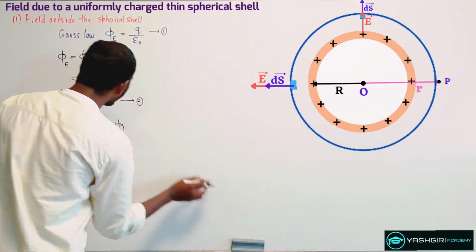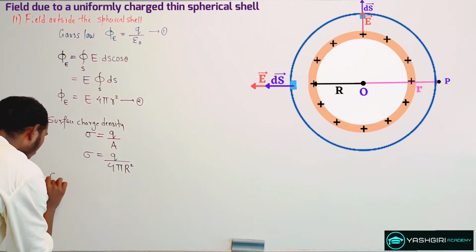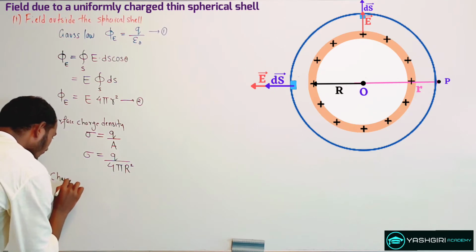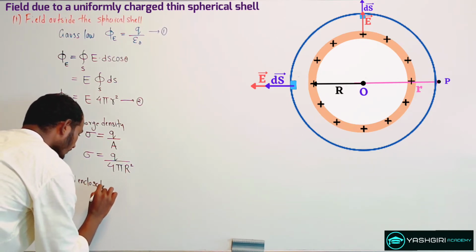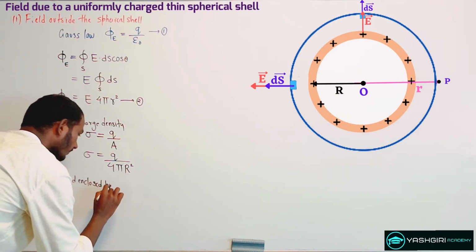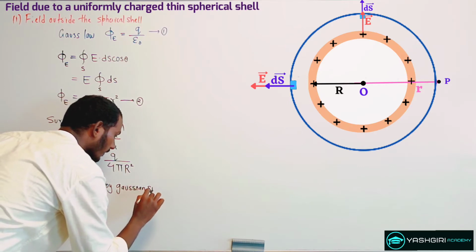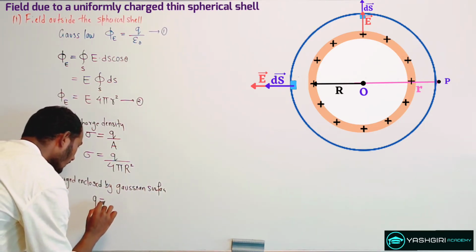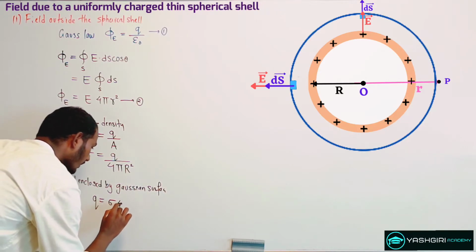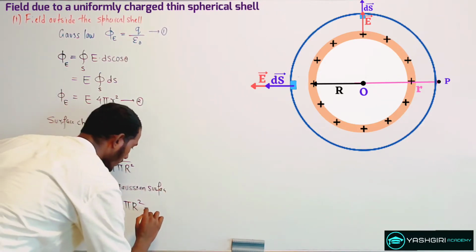So I'm interested in the charge Q. I can say that the charge enclosed by the Gaussian surface is Q equal to sigma into 4 pi R square. So this is equation 3.